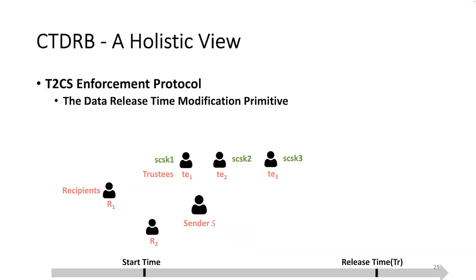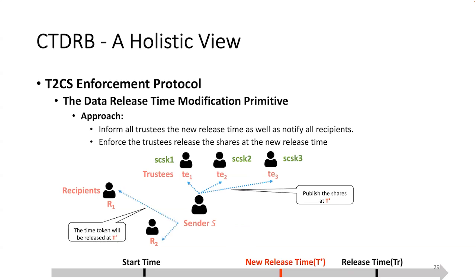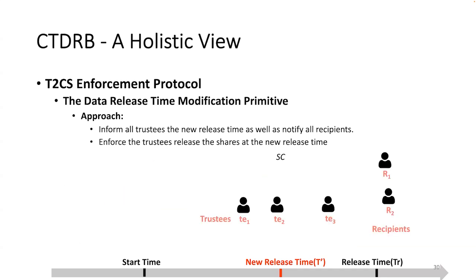The second data lifetime control primitive is called data release time modification. We realize this primitive by informing all trustees of the new release time, as well as notifying all recipients of the update. At the new release time, we enforce the trustees to release secret shares to the smart contract.